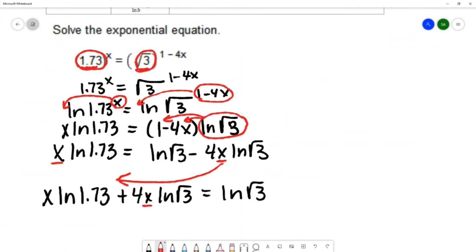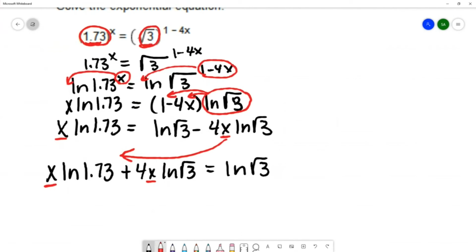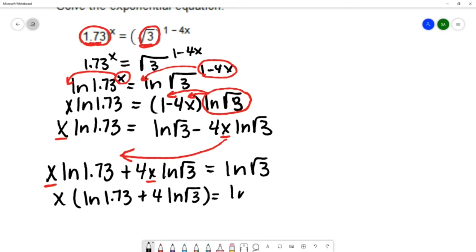Now that I have the x's on the same side, I can factor out the x. That's x times natural log of 1.73 plus 4 natural log square root 3 equals natural log square root 3.